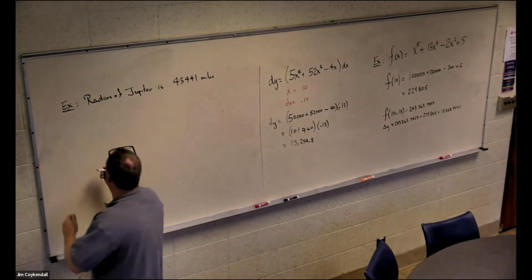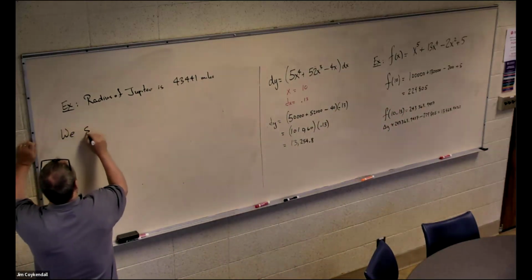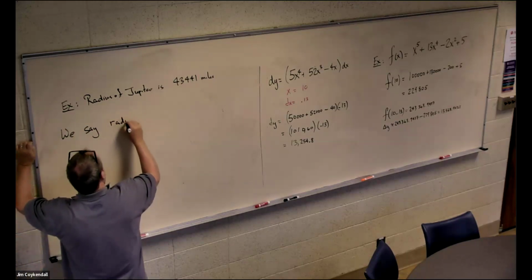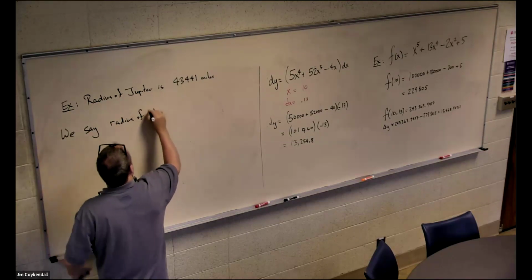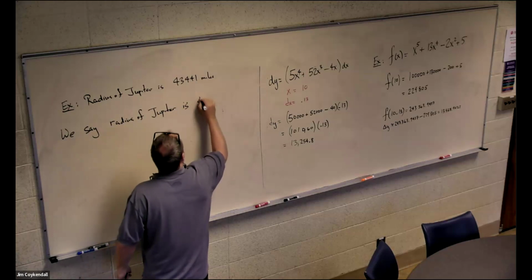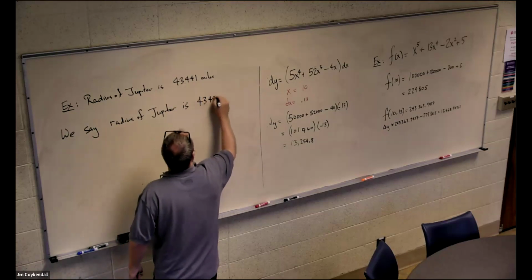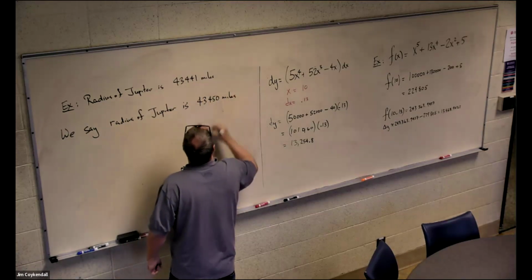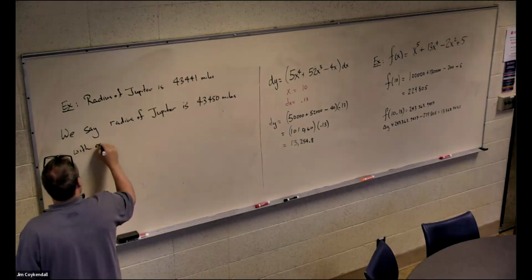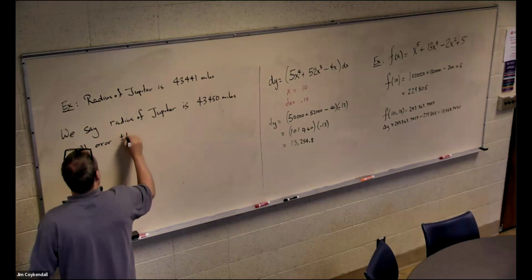We'll say, so for our purposes, the radius of Jupiter is 43,450 miles. We'll say an error of plus or minus 10.